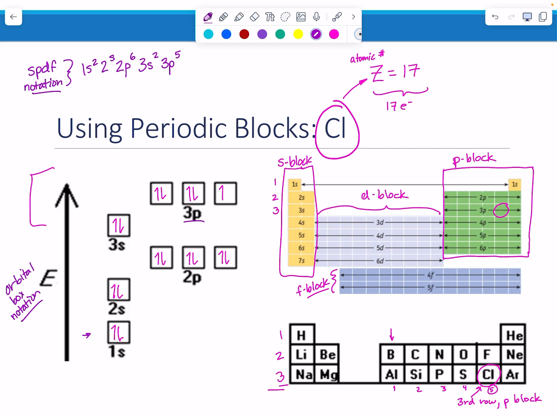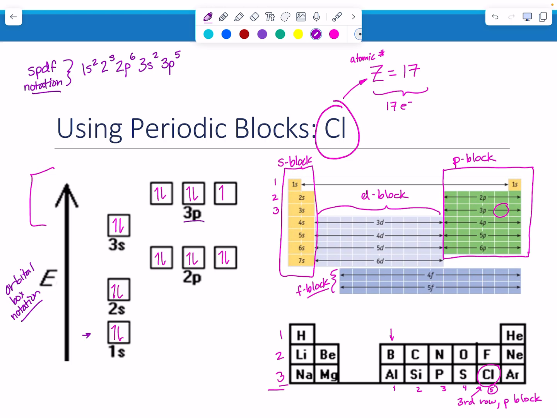Both of these types of representations give us all the information about where all the electrons are. But as we progress toward how materials actually behave and their chemical reactivity, and toward knowing what the periodic trends are, the electrons that matter the most are what we call our valence electrons.